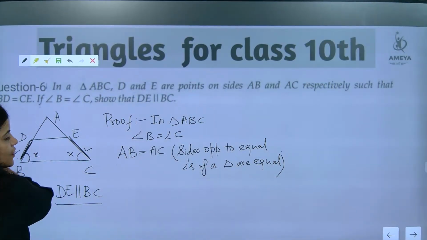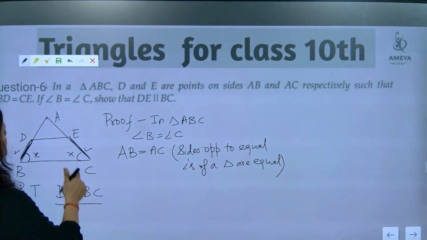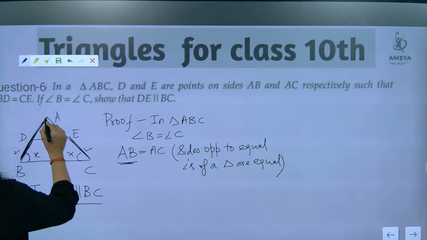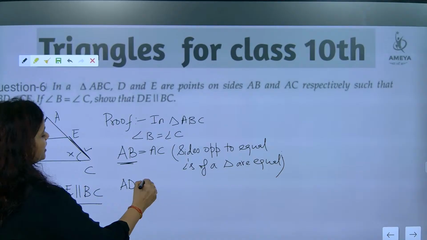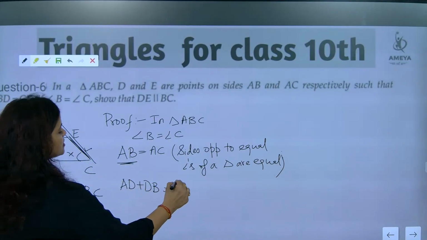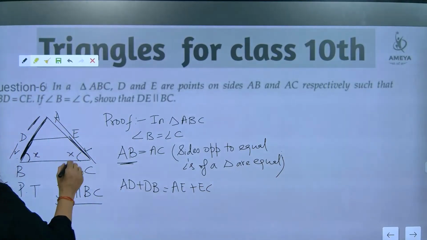Once you have written this, this side is equal to this side, correct? Now AB can be written as AD plus DB, and AC can be written as AE plus EC. Already in the question, what is given?